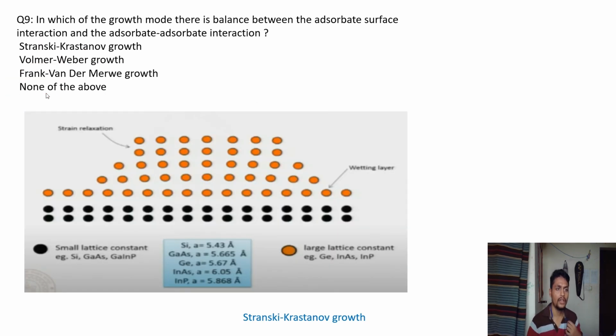Okay, come back to the 9. In which growth mode is there a balance between the adsorbate-surface interaction and the adsorbate interaction? So obviously we know this is nothing but layer by layer, because of the first question we discussed, and this is the island. In case of balance, that is named Stranski-Krastanov growth.